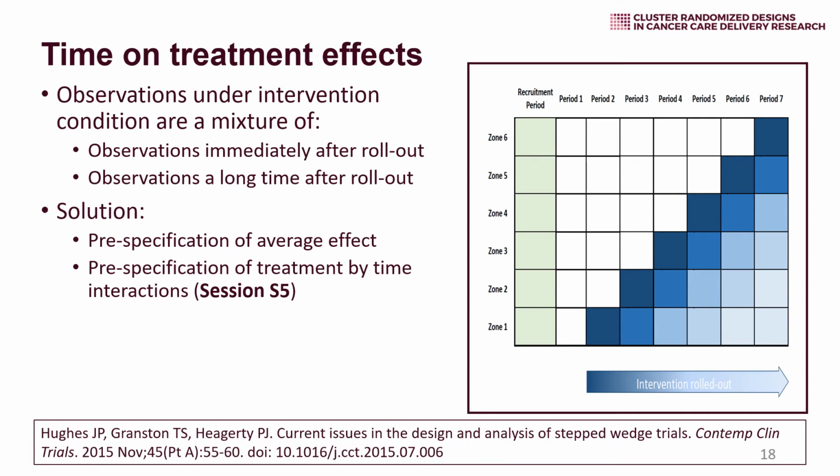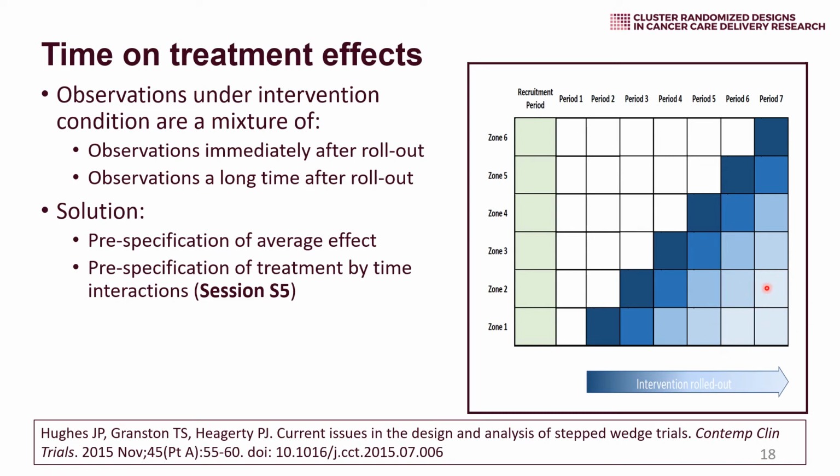And then the fourth methodological complexity is what is referred to as time on treatment effects. So observations under the intervention condition, these observations that we collect over here under the shaded cells, are a mixture of observations immediately after the rollout here on the diagonal, and also observations that have been collected quite a long time after the rollout.